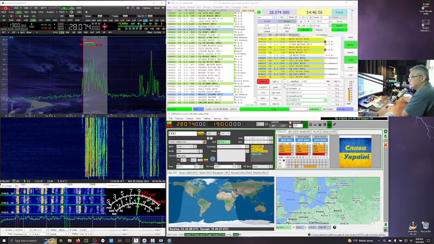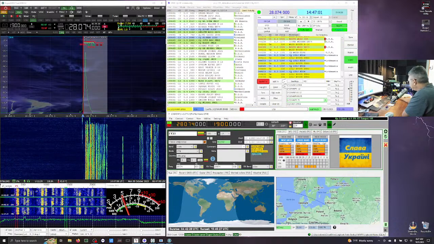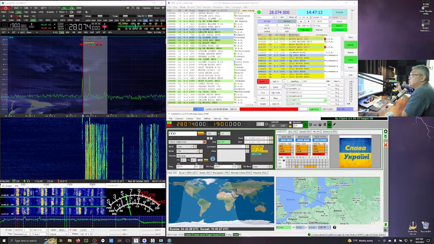Max power for digital is 700 watts. My antenna tuner is the Palstar HF Auto, and I have that on top of the roof of the second floor on the 40 meter sky loop, and we're tuned down to 10 meters.